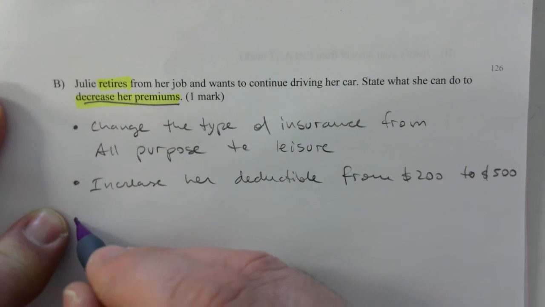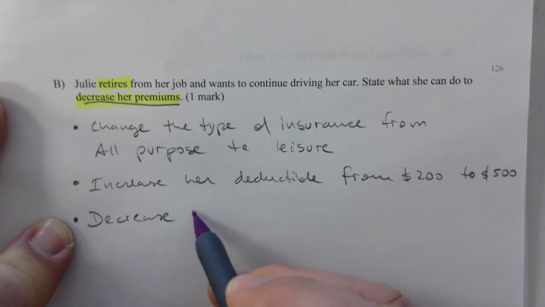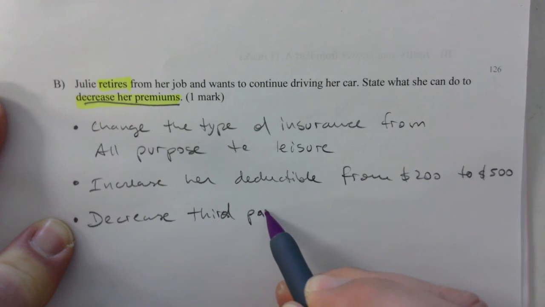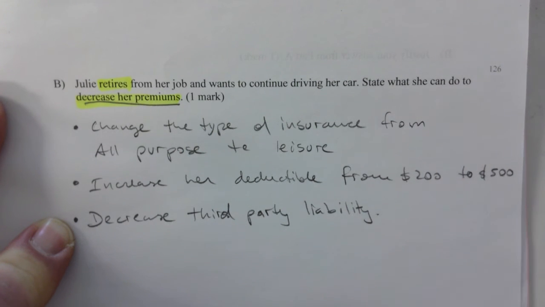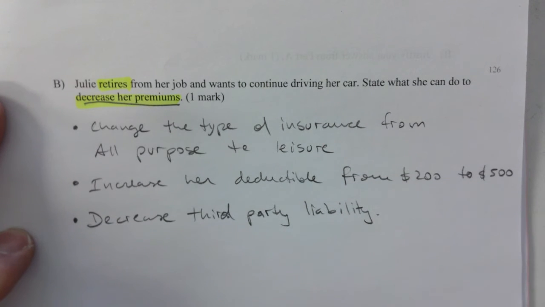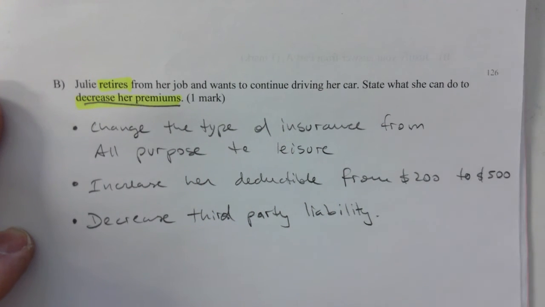You could also decrease third-party liability. Third-party liability is always in the millions, right? I think it's 1 million, 3 million, 5 million, or something like that. So if you decrease that amount, then obviously your insurance is also going to go down.